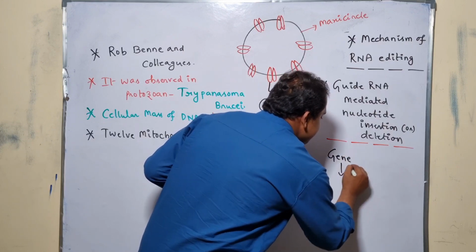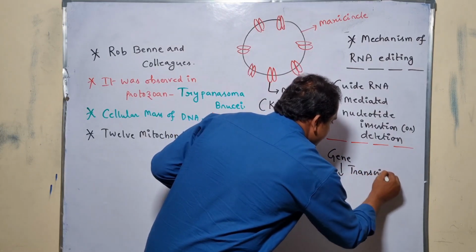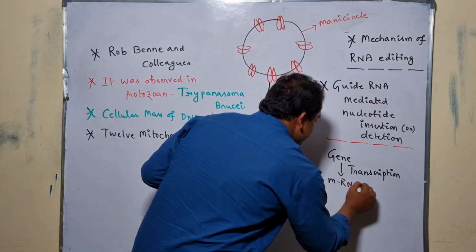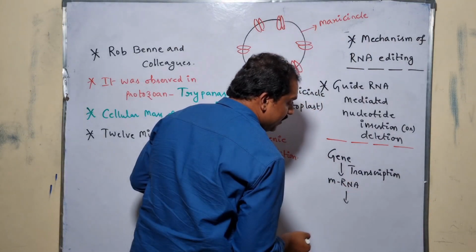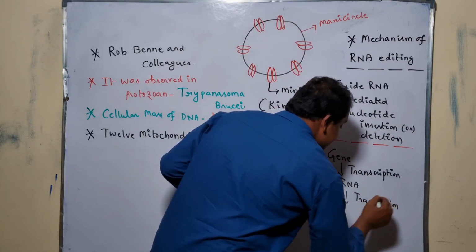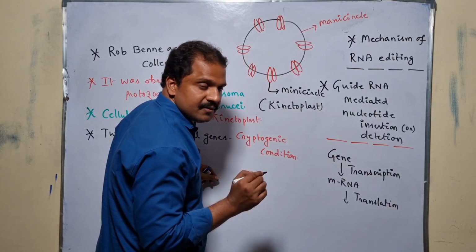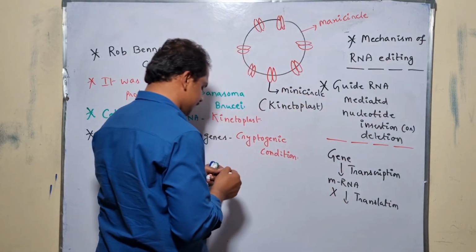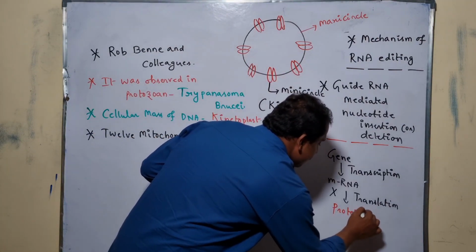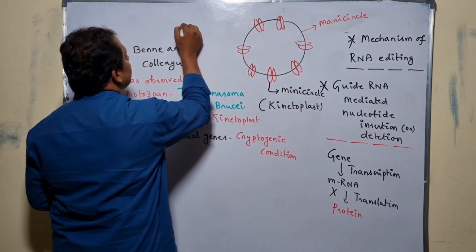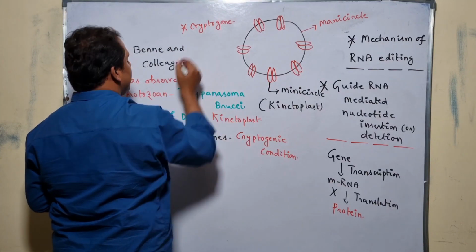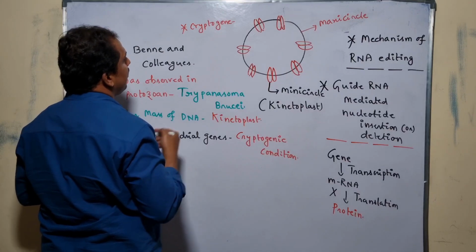Here the gene during the transcription mechanism is capable of inducing mRNA, but the specific mRNA during the translation mechanism is unable to induce the synthesis of protein. So here the cryptogenes are non-active genes or inactive genes.